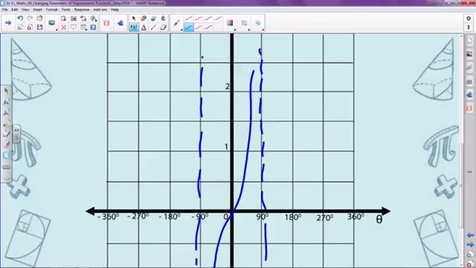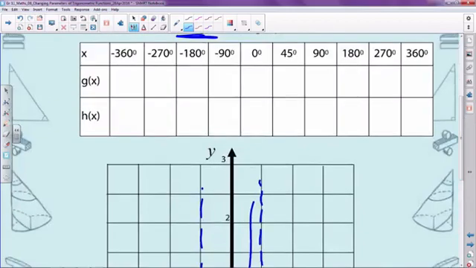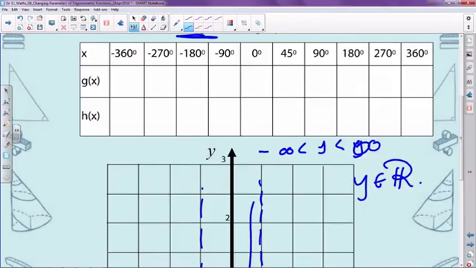So your graph is something like that, and it continues. But my point is, I'm trying to look at the y values. We're not restricted. You can start from any negative up to any positive. So your y should be between minus infinity and positive infinity. In other words, y is an element of the real numbers.